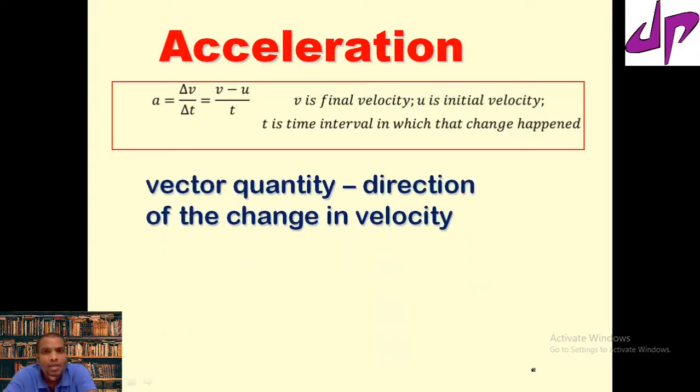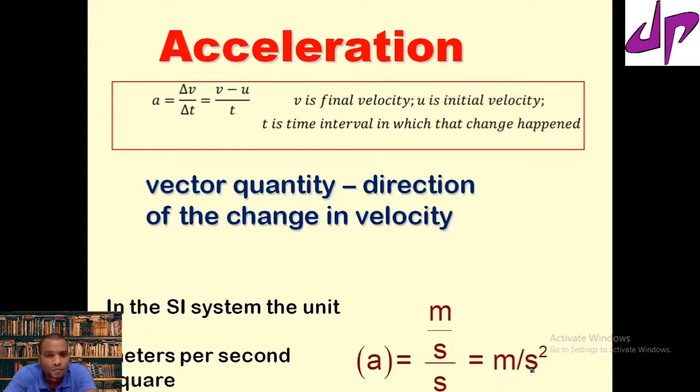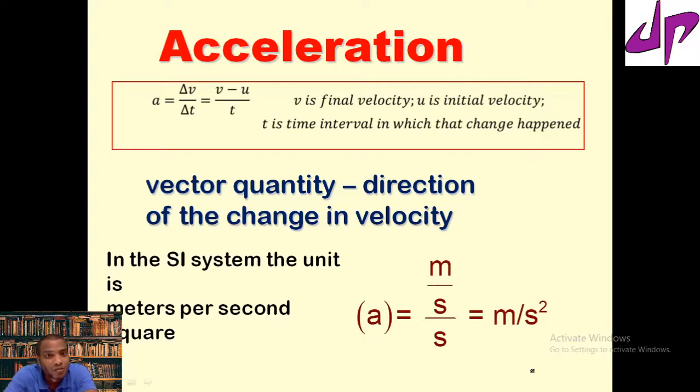We need to discuss its units. Acceleration is a vector quantity because velocity is a vector; velocity has direction, and similarly acceleration also has direction.